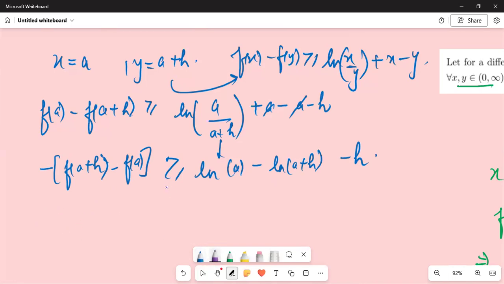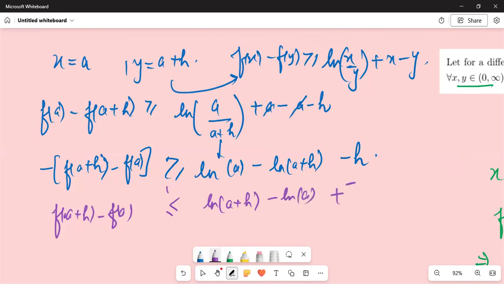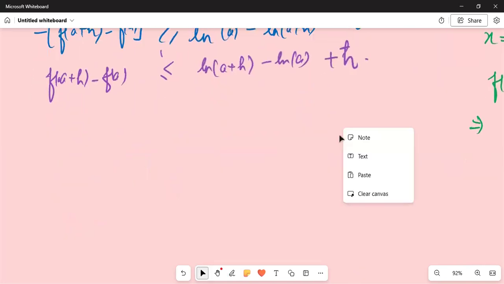Then what will happen? This inequality will get reversed. So this is what is left. This becomes positive, this becomes negative, and this becomes positive. Now the same thing, dividing by h on both sides.